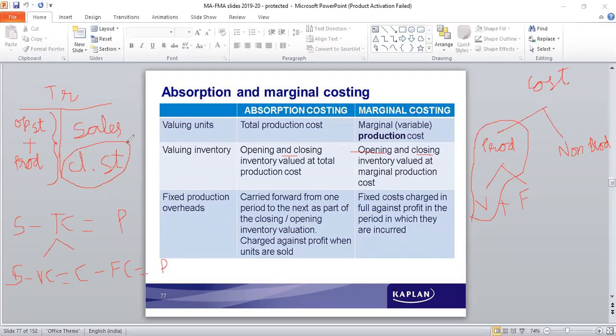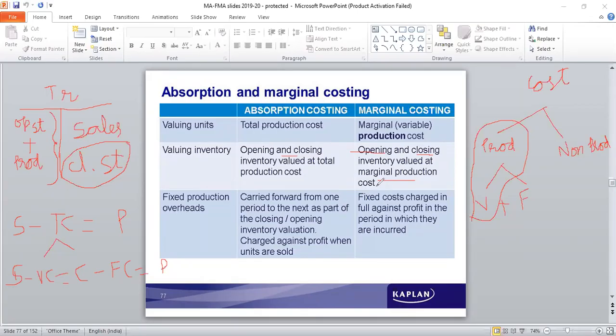So this ending inventory is valued at the variable production cost, and the same value is taken to the next period as opening stock. So opening and closing inventories are valued at marginal production cost. The terms marginal and variable are the same. That is the main difference between absorption costing and marginal costing.